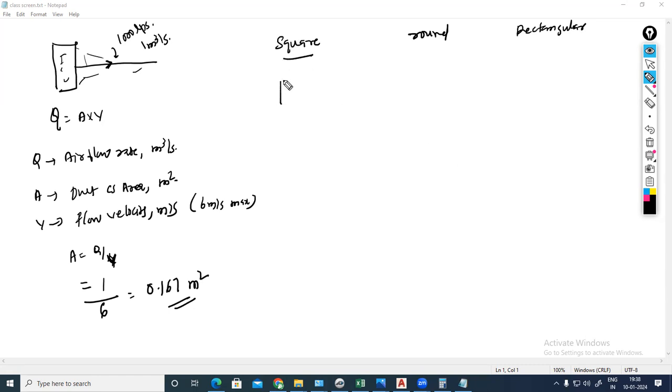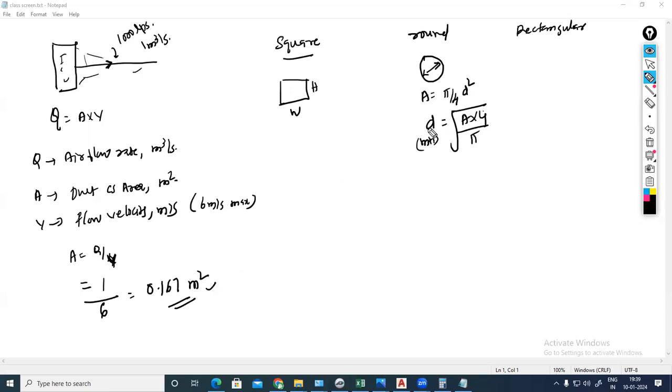Square duct, width and height are the same. For a round duct, area is equal to pi by 4 into diameter square, so diameter is equal to the square root of area into 4 divided by pi. You'll get the diameter in meter. The area we already have, so take the square root of area into 4 divided by pi.